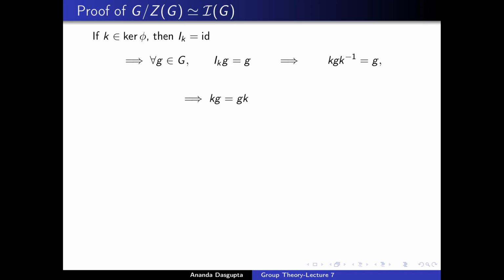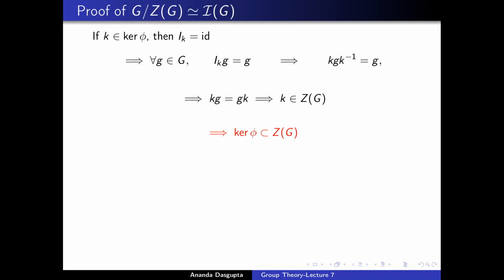Remember, this is true for all small g belonging to capital G. So what this has established is that this element k in the kernel of phi has to commute with every element of the group, and hence it has to belong to the center of the group G. So every element of the kernel of this map phi has to be in the center of the group. So the kernel of the map phi has to be a subset of Z(G).